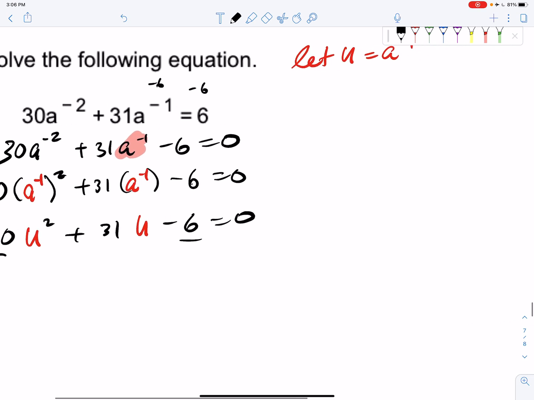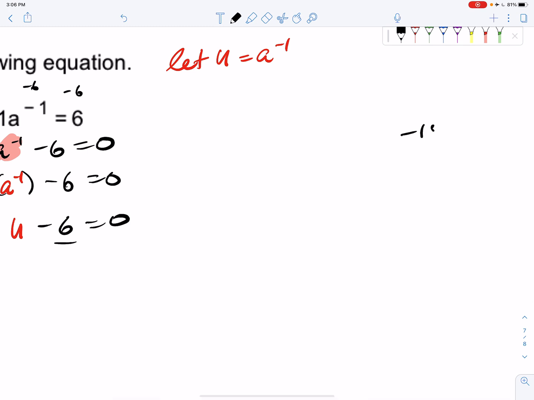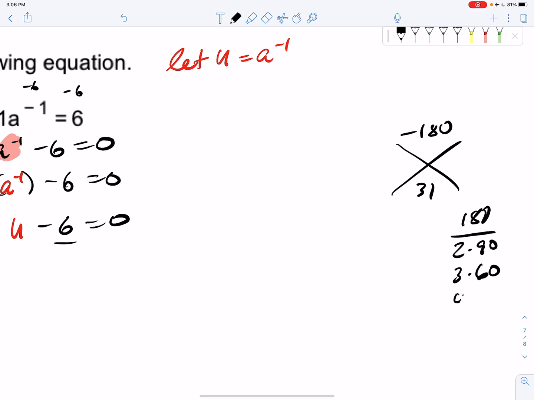30 times negative 6 is negative 180. What multiplies to negative 180 and adds to 31? You can get your list going. 2 times 90, 3 times 60, 4 times 45.